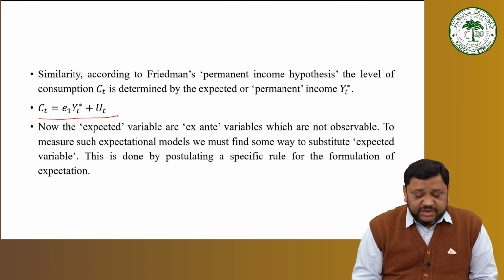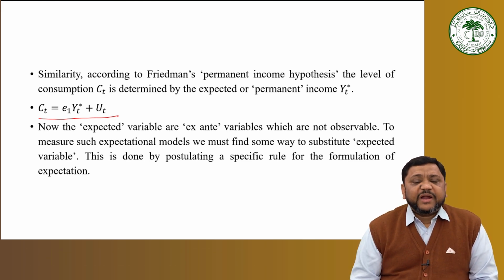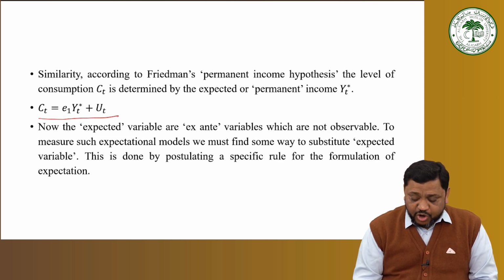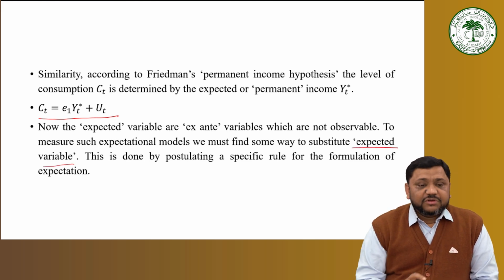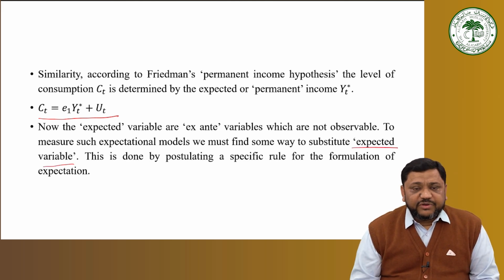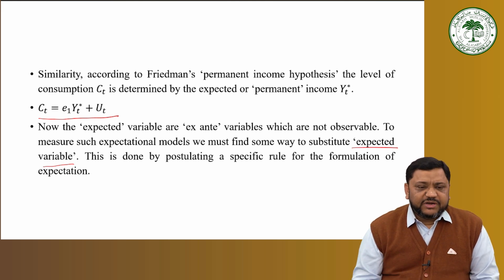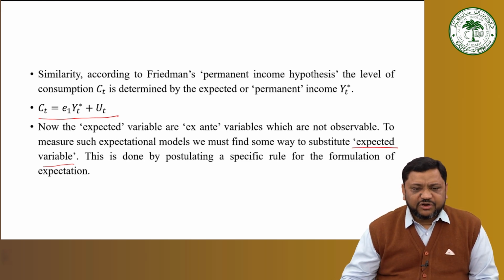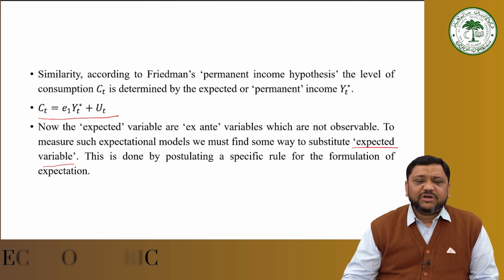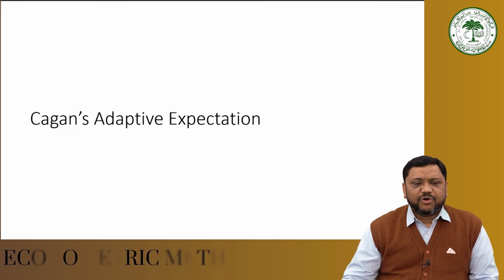Now these expected variables, or ex ante variables, are not observable. To measure such expectational models, we must find a way to substitute the expected variable, because you cannot measure it exactly. This is done by postulating a specific rule for the formulation of expectations, and this is what Cagan's adaptive expectation model is all about.